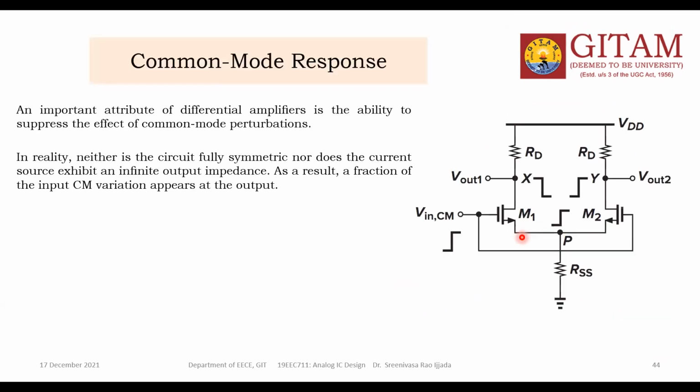Next, common mode response. Apply a small change at this point, so the same change is applied to both the gates. At X and Y, you will get the variation.